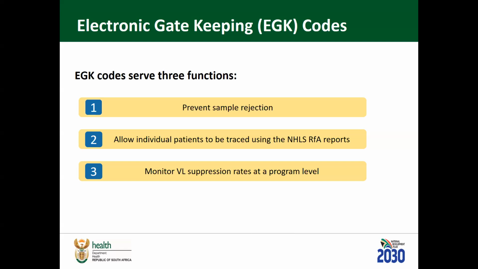So obviously now there's a conflict between the guidelines, which say every single HIV-infected woman in South Africa should have a viral load at time of delivery, regardless of when her previous viral load was done, and this EGK rule.